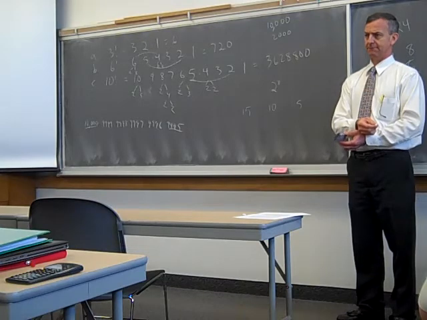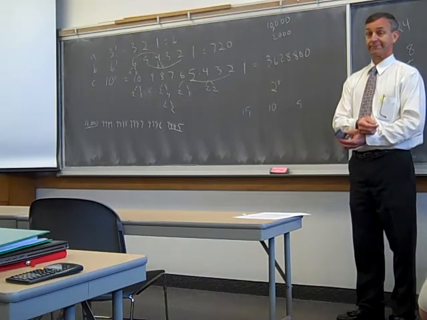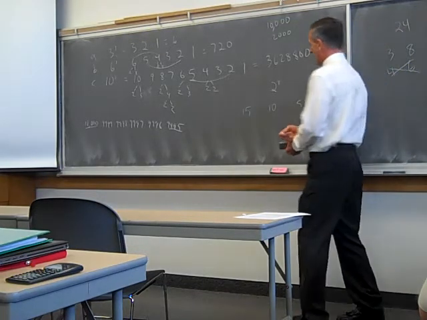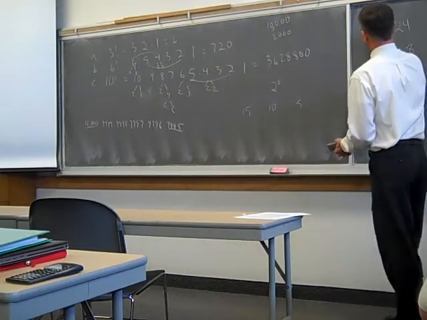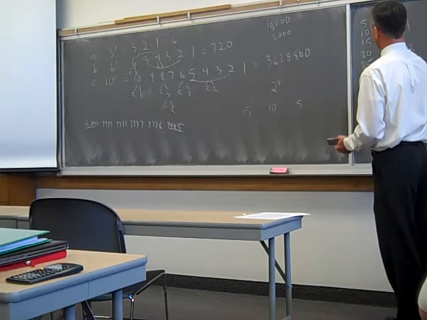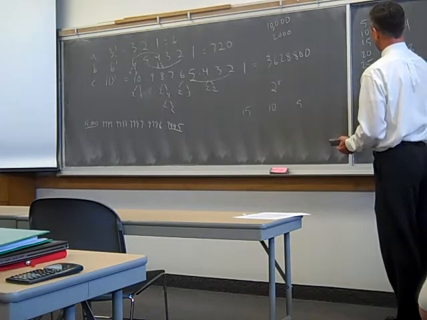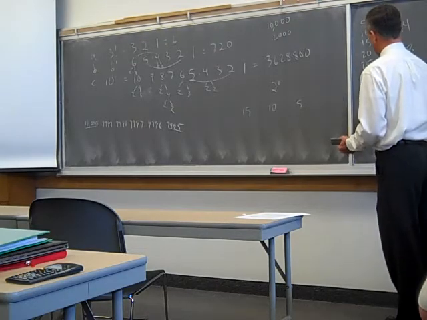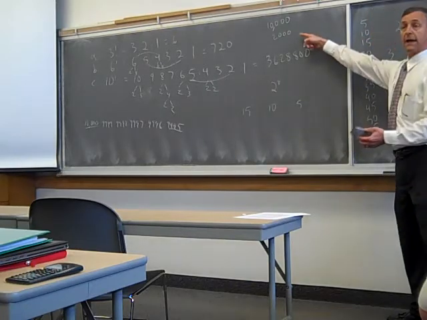Why not? Because as I start listing the multiples of 5, these are the list of 2,000 right here, right?